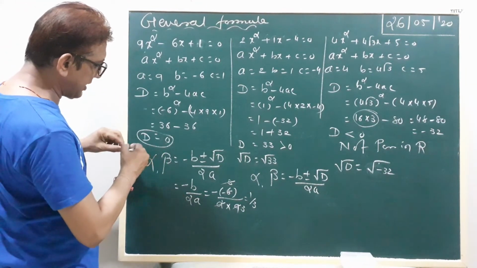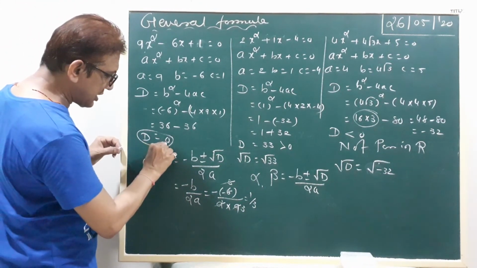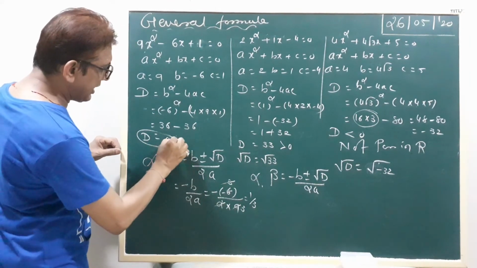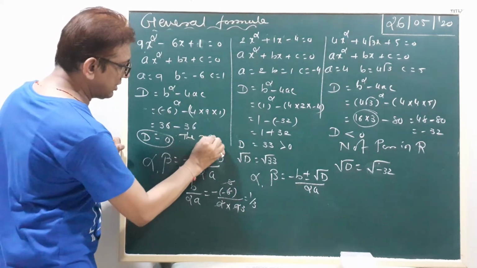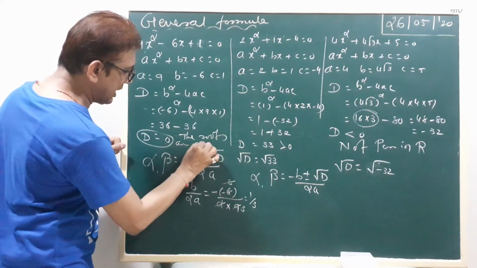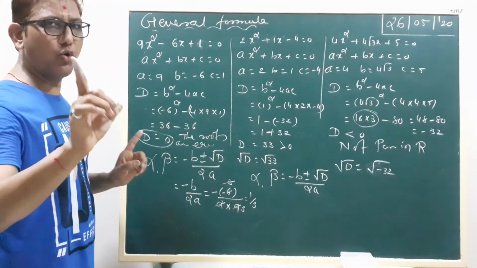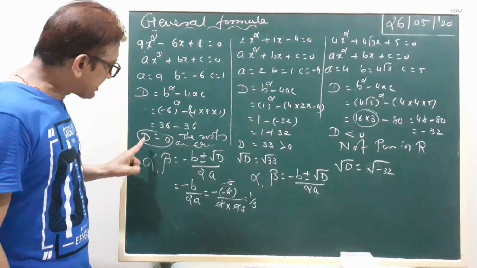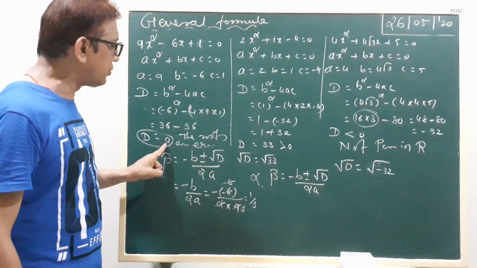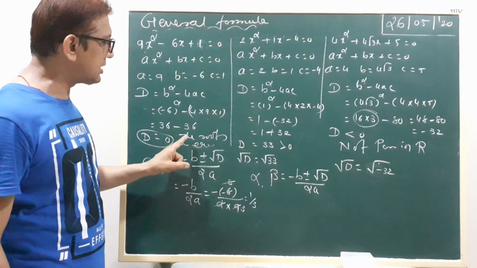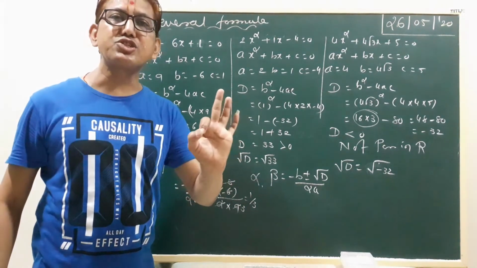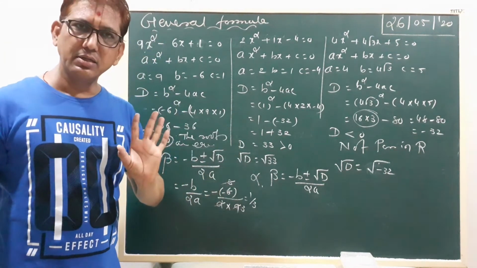So we write the statement here: if the discriminant equal to 0, then we write, therefore the roots are equal. Most important statement. If the discriminant equal to 0, the roots are equal and real.